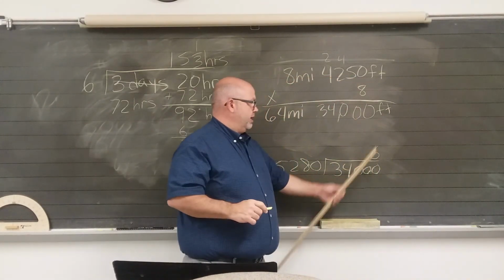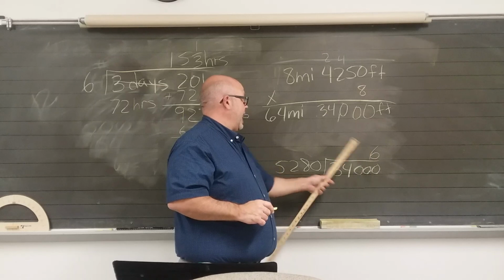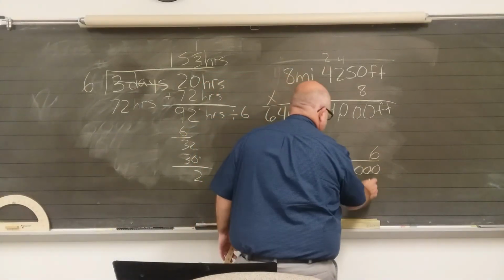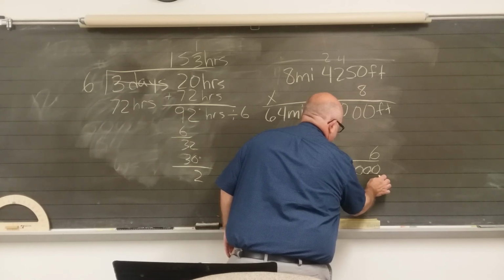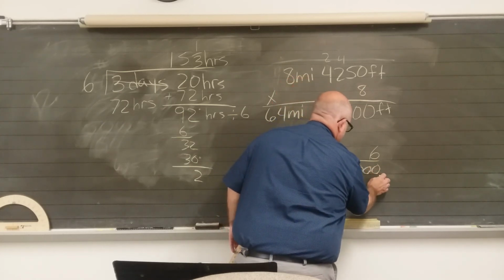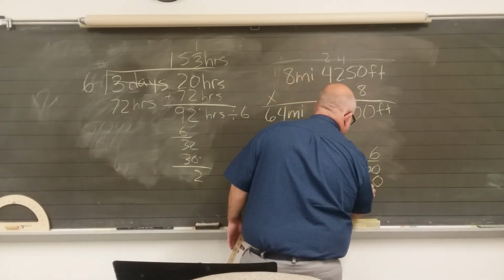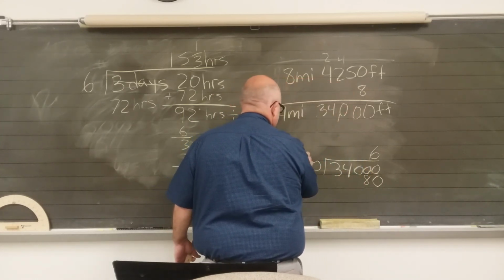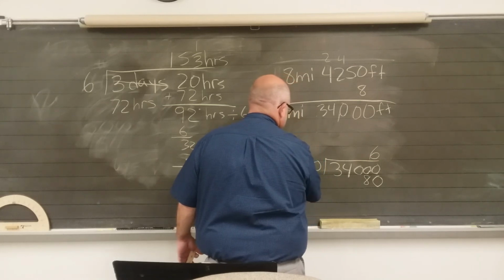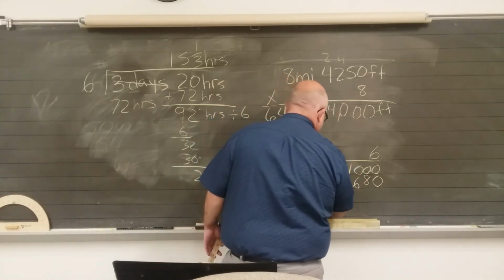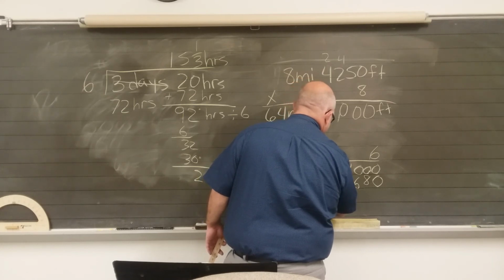That is going to be miles. That will be added to this then. Okay? So we have 6 times 0 is 0. 6 times 8, 48. 4, 12, 13, 14, 15, 16, 31.